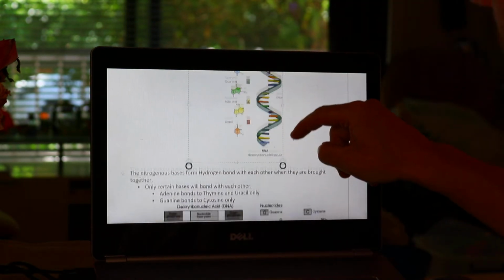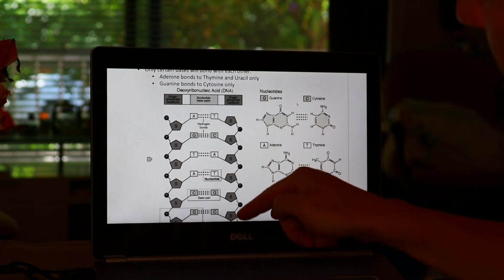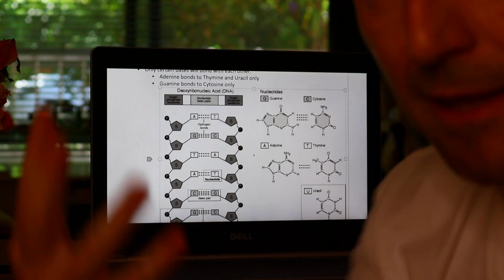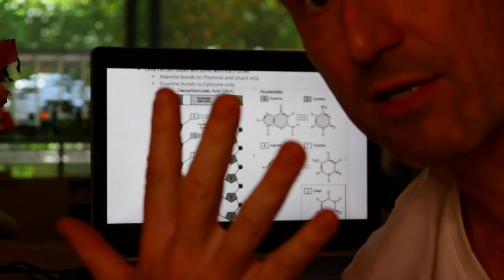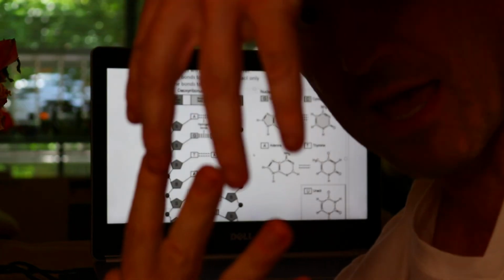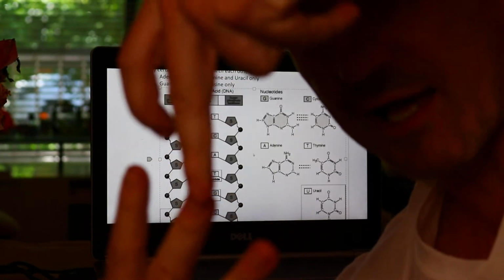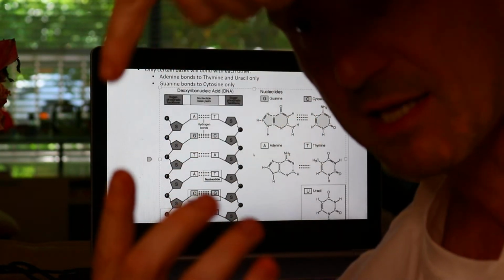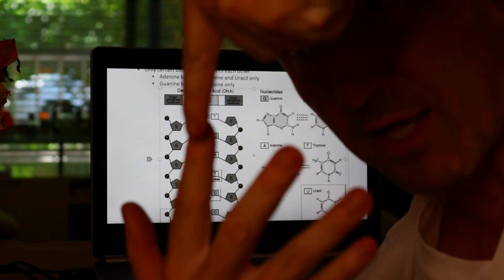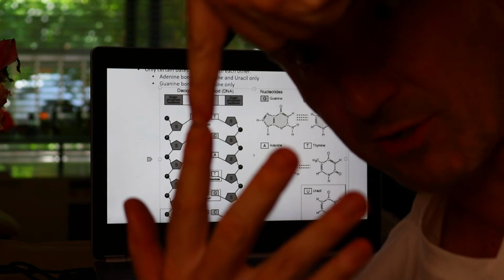And so what you can do is unzip. You can break these hydrogen bonds in DNA, have the nitrogenous bases exposed, and have RNA nucleotides come and complementary base pair. If this is an adenine in the DNA molecule, then a uracil RNA nucleotide will come along.